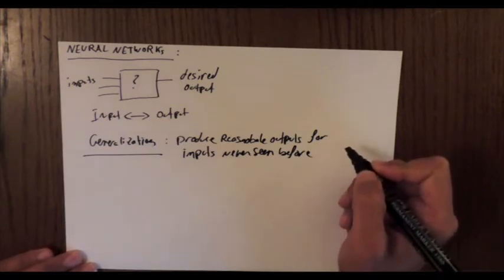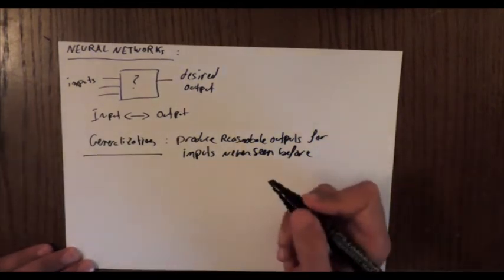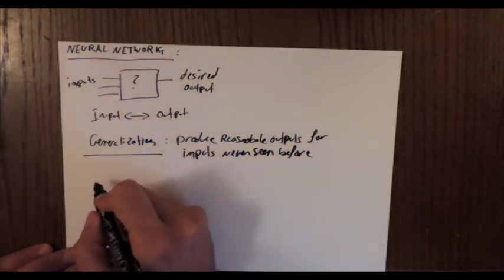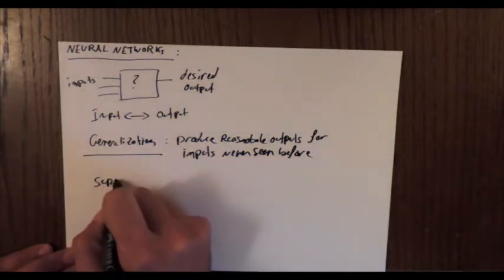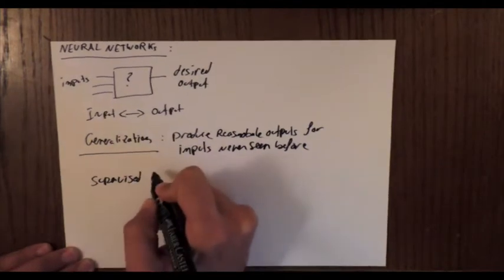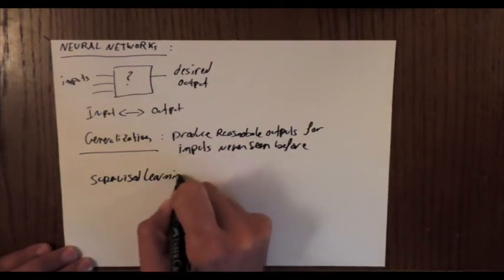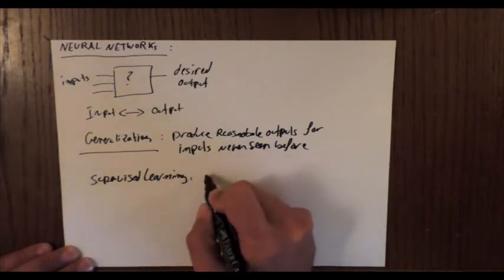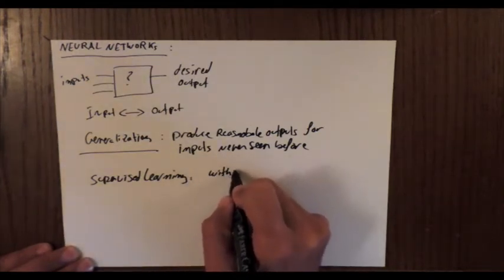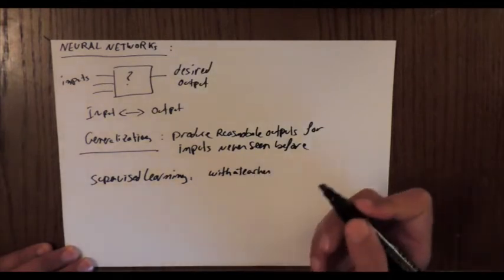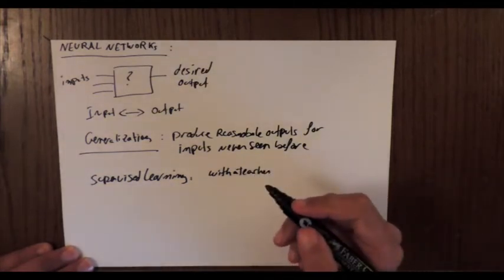Of course, there are many flavors of neural network. There is supervised learning, that is, with a teacher. This means we actually know the outputs for the inputs that we want to try.